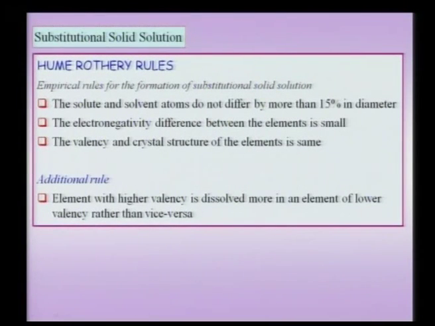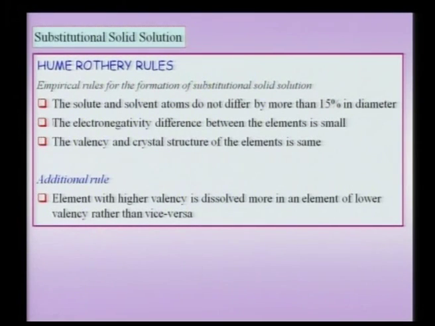The first one is that the solute and solvent atoms do not differ by a large size. The difference in diameter is typically less than 15%. Smaller the size difference, larger we expect the solubility to be. This is obvious because when you put an atom into a parent lattice which is very different in size as compared to the host atom, then the distortion cost to the lattice would be large.